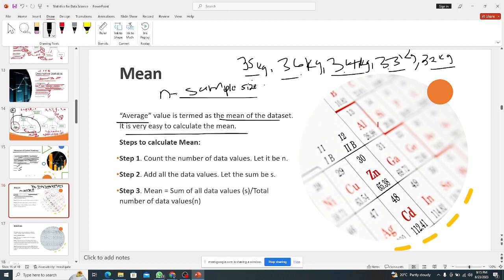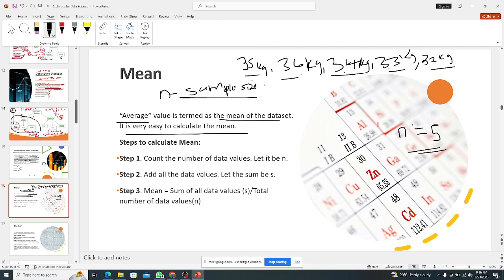So in our case, how many weights do we have? 1, 2, 3, 4, 5. So our n here will be 5. We are considering a sample size of 5 entries.